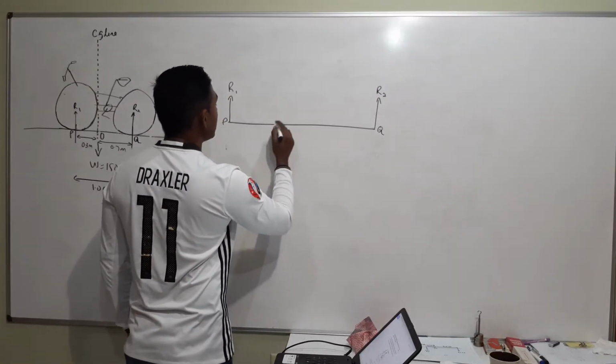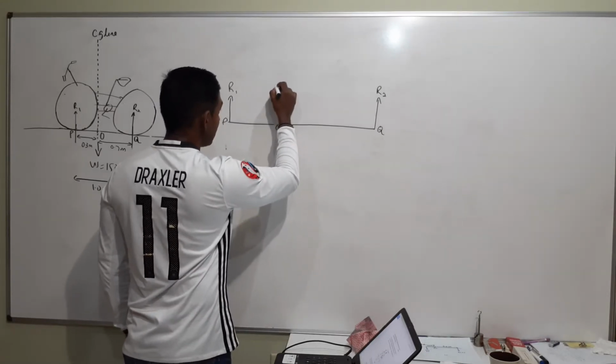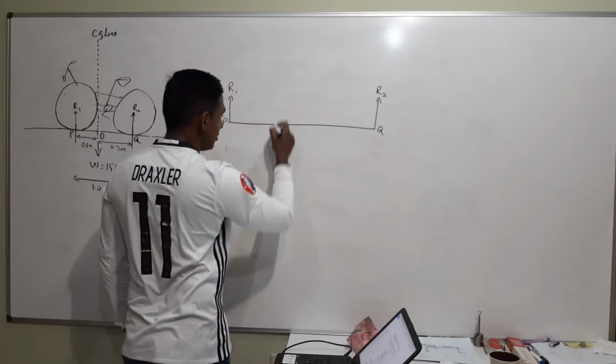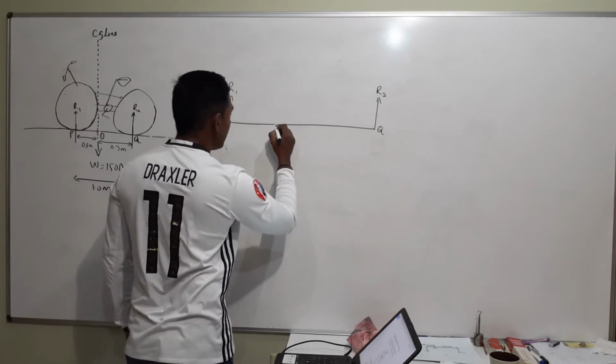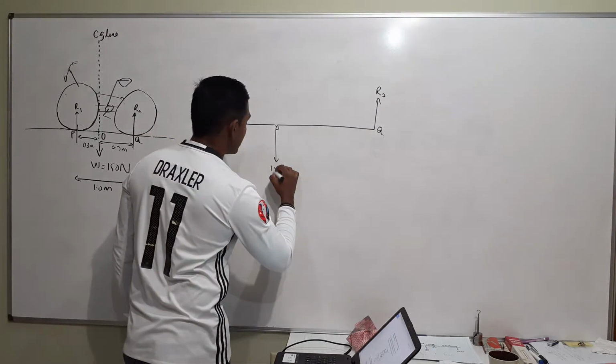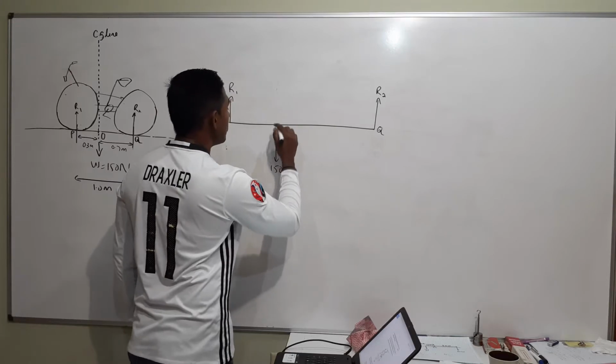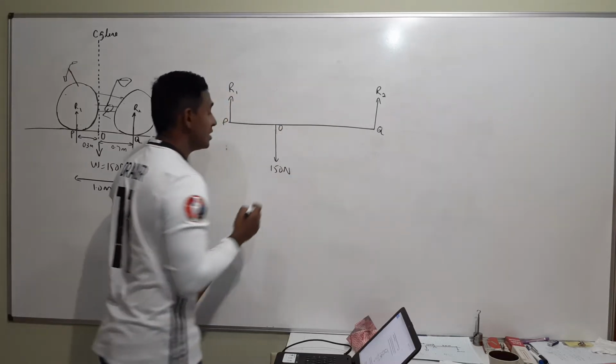And we know at point O, the line of the center of gravity is acting through that point. So therefore, the weight of the bicycle, which is 150 newtons, we know is at point O, because that's where the center of gravity is.